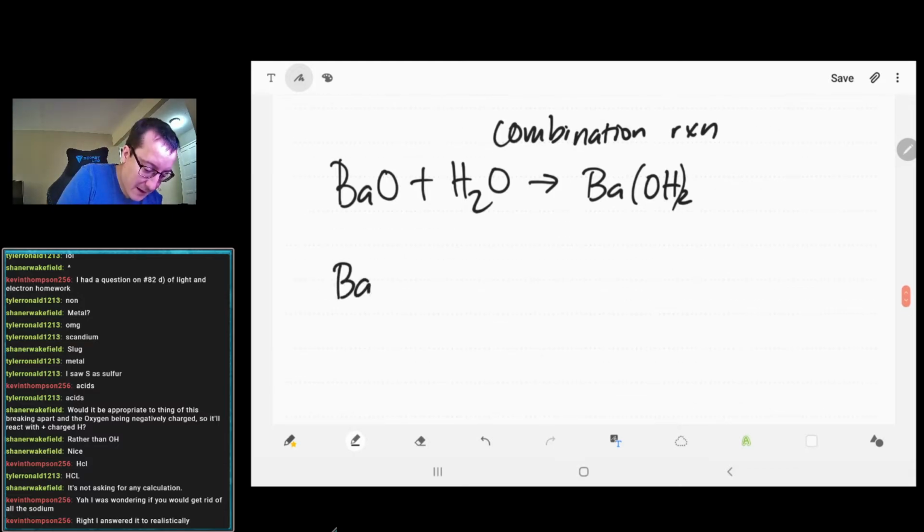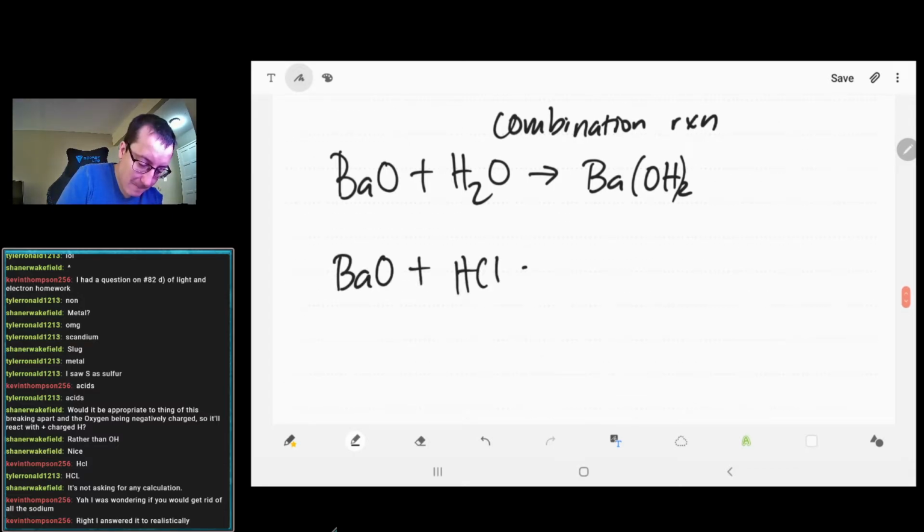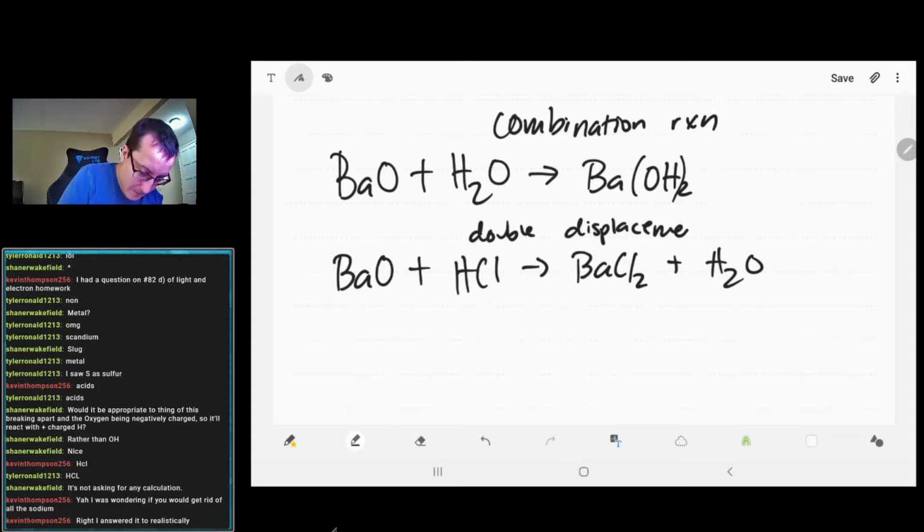If we were to put it with an acid, though, this would be a double displacement. So to answer your question, thankfully this is one I can answer bluntly. When you're combining it with water, that is a combination reaction, so you're just making one product. When you are doing an acid-base reaction, that's always going to be double displacement, so you're going to get two products.